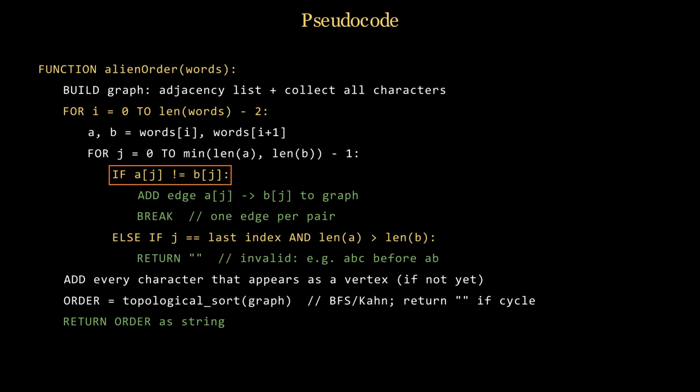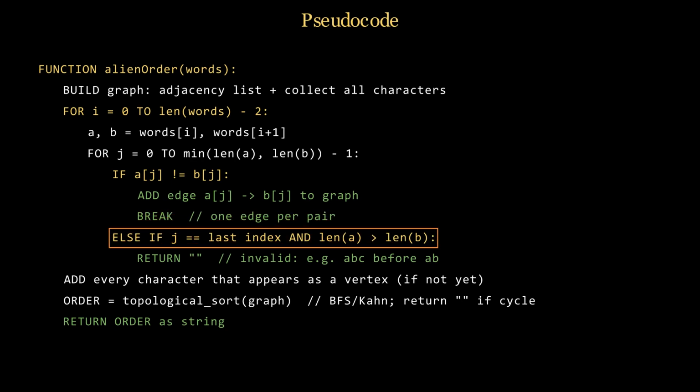When we find the first position where they differ, add a directed edge from the character in the first word to the character in the second. We only take the first difference, one edge per pair. If we never found a difference but the first word is longer than the second, that's invalid.